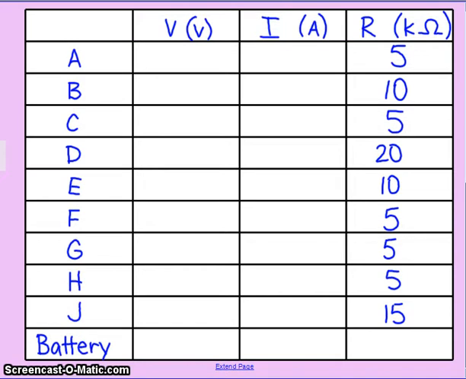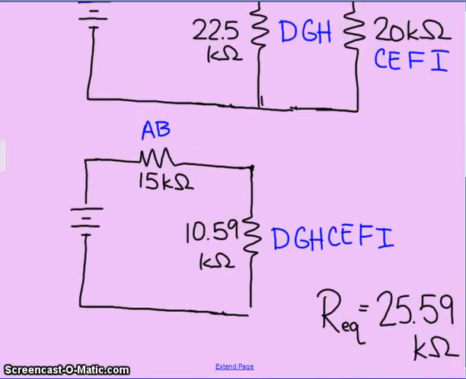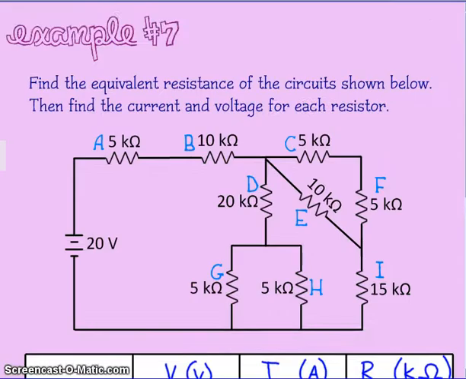As before, I have also included a row for the battery, and the battery has a voltage of 20 volts. In that row for the battery, I always write the equivalent resistance. So looking back at my previous slide, it is 25.59 kiloohms.